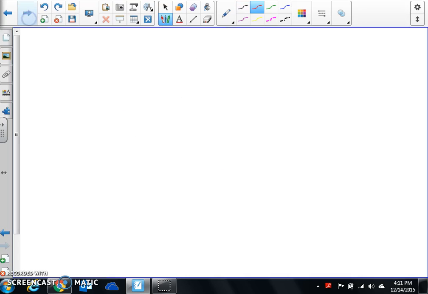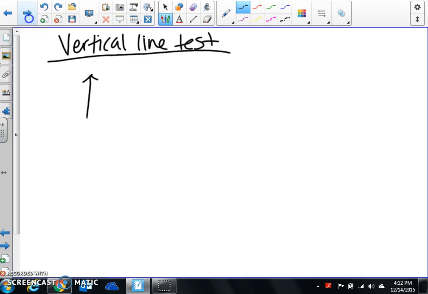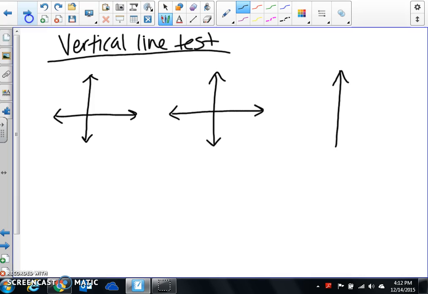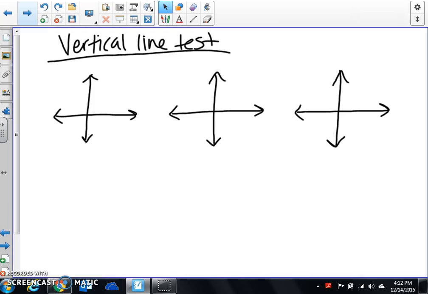The last thing is the vertical line test. And this is how the vertical line test works. I want you to go ahead and take a couple little graphs. You don't need to do little notches or anything crazy.